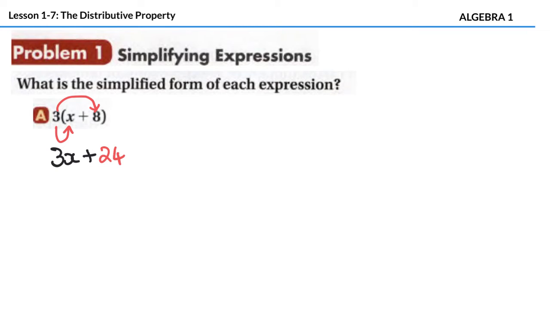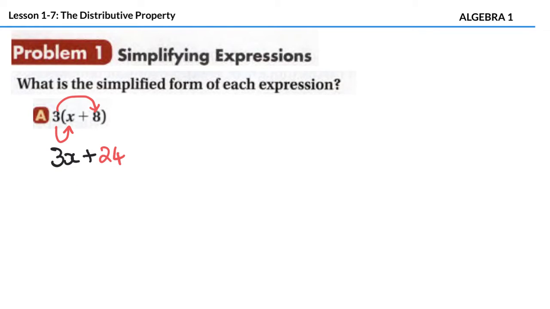Can you add these two terms? You cannot, because these are not like terms. You have a variable here and this is just a constant, so you cannot add them. So the simplified form of this is 3x plus 24.